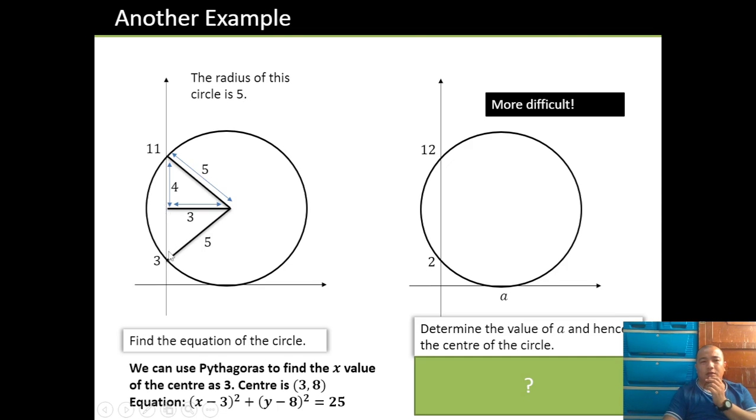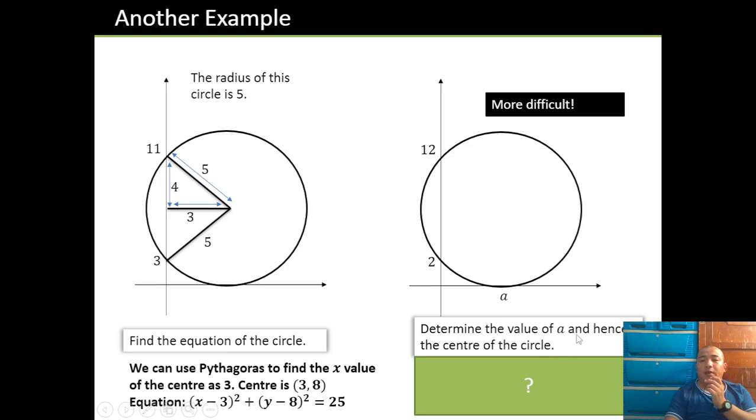So therefore the center is at 3 plus 4, 7? No, 8 actually. The center is at (3, 8). Therefore the equation is (x minus 3) squared plus (y minus 8) squared equals 25, because the radius is 5.